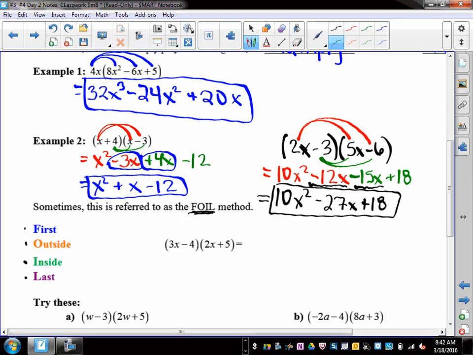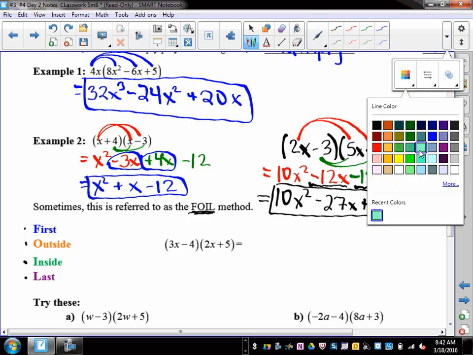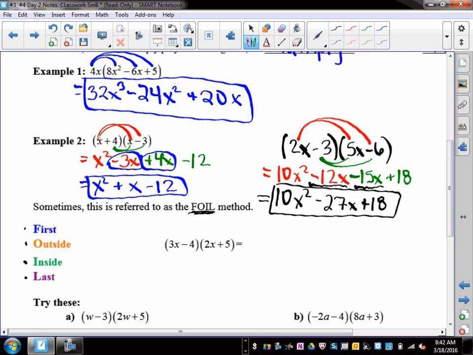Notice that when I did my first term distributed, those are my first terms, right? When I distribute again, look, those are my outside terms. Then when I did my second distributing, those are my inside terms.